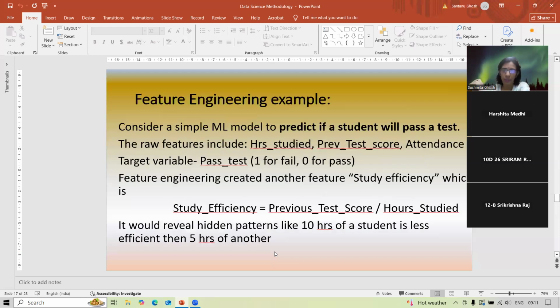Another very good example: my target variable is to judge whether the student will pass a test. Your data is there, we say, what is your predictive score.